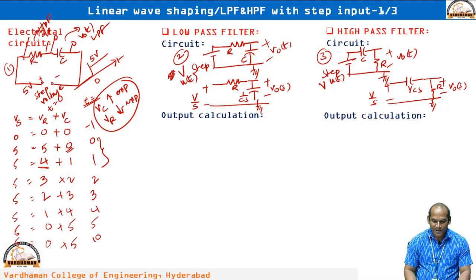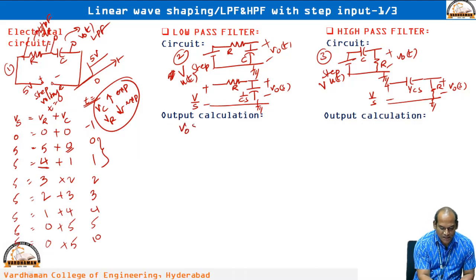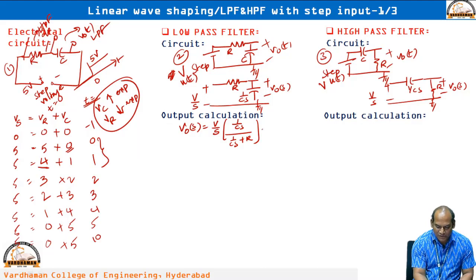Now, apply voltage dividing rule to get the output. So, V0(s) is equal to supply voltage V by s into, we are taking output across the 1 by Cs, and total impedance is given by 1 by Cs plus R. You can take Cs as the LCM, and numerator Cs, denominator Cs will be cancelled.